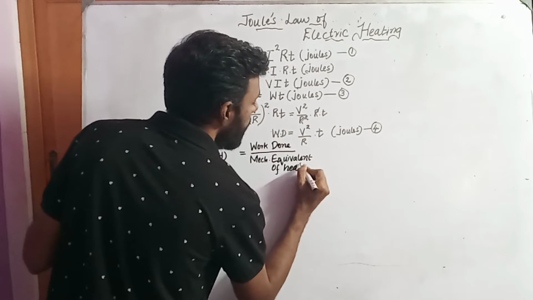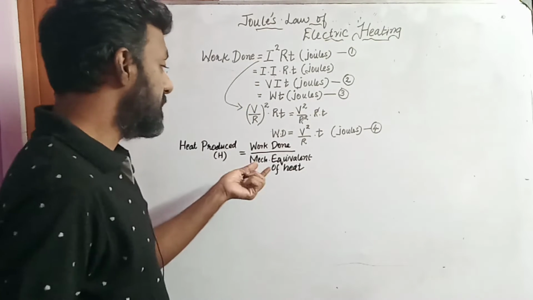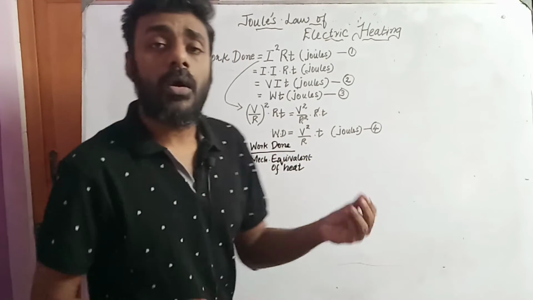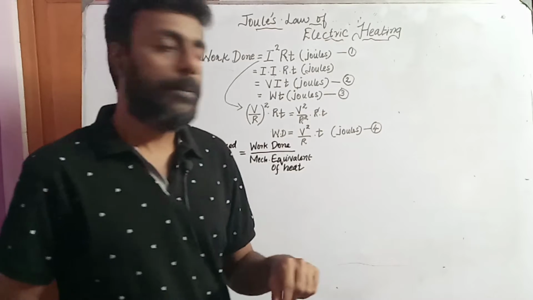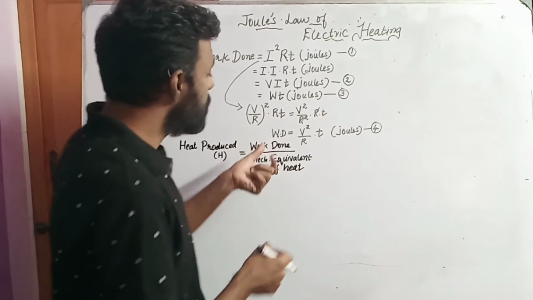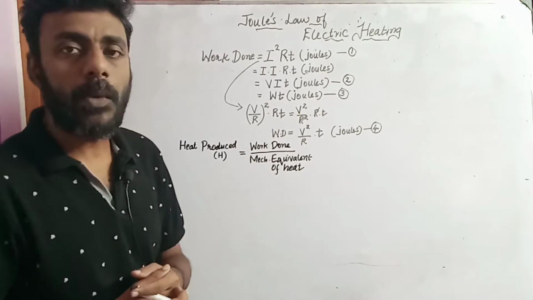What is this mechanical equivalent of heat? It can be referred to as the mechanical equivalent of heat, or it can also be called Joule's constant. So the heat produced is nothing but the ratio between work done and the mechanical equivalent of heat.